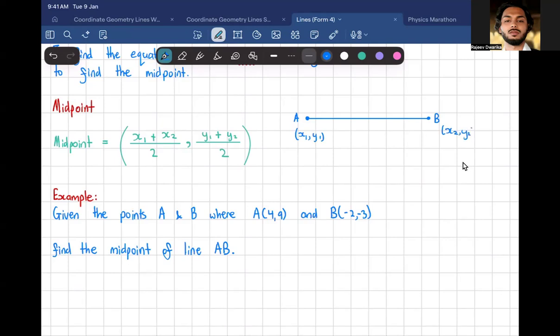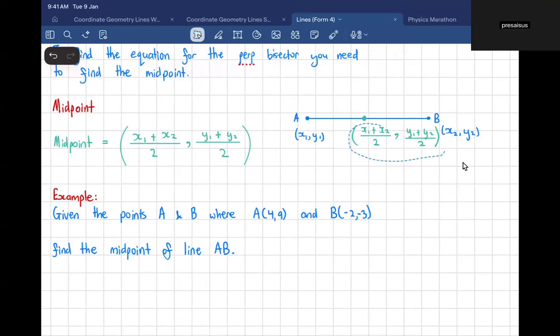Anytime you have 2 points, the first set of points we call x1, y1, and the second set of points we're going to call x2, y2. So if you want to figure out the middle of this line, you're going to use the formula x1 plus x2, and you're going to divide that by 2. And to figure out the y value, you're going to add y1 and y2 and divide that by 2. Understand? Yes. Okay.